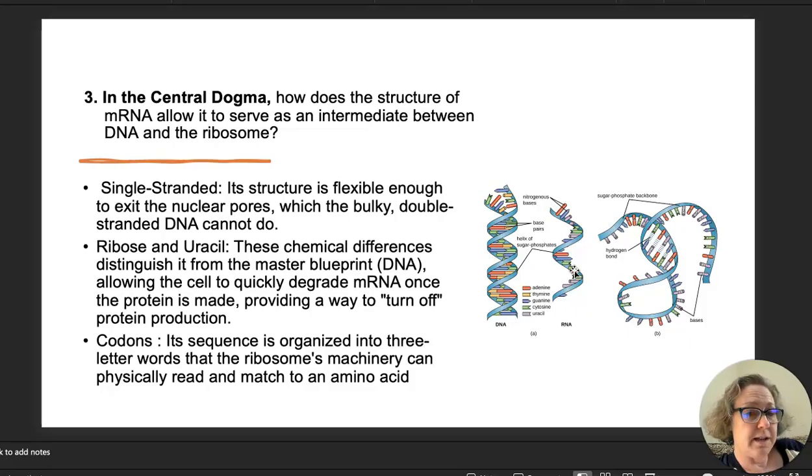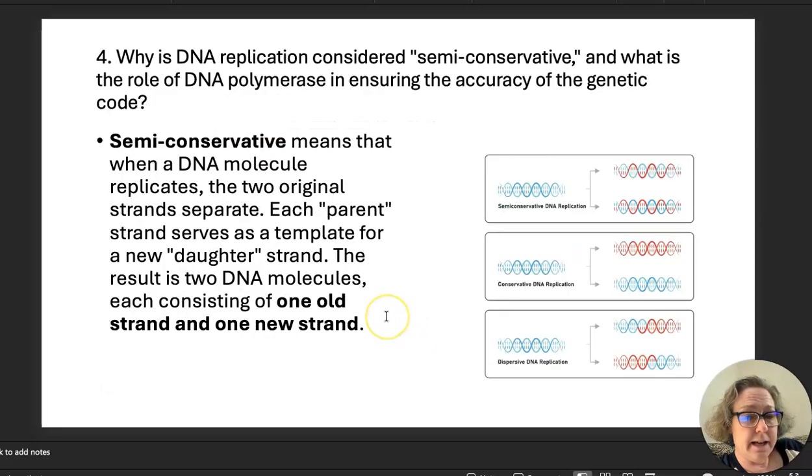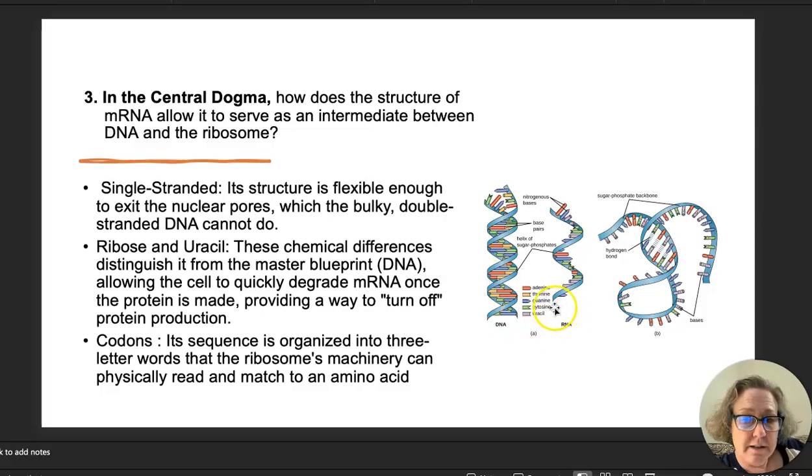It can leave the nucleus. It does have uracil, so it has a U, and it distinguishes it from DNA. So you sort of always know it's RNA because it's got one strand and because it has a U. And again, it codes for a specific set of codons. Every 3 of these is going to make a codon.